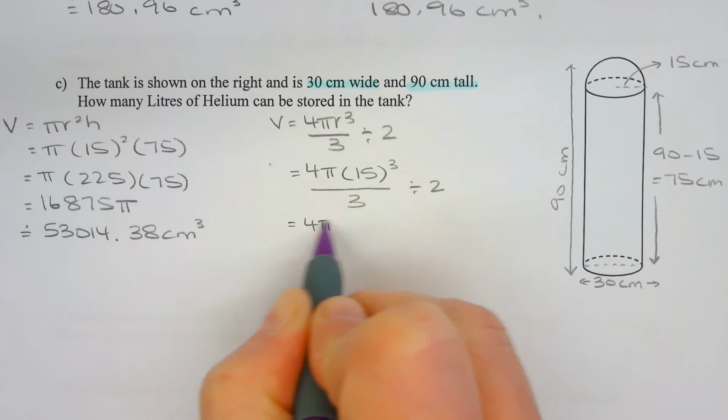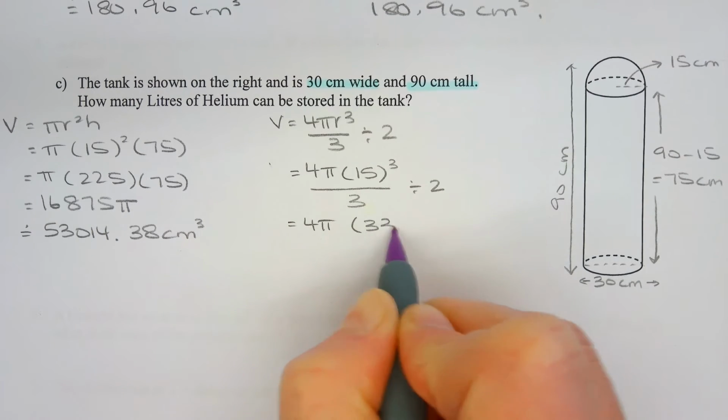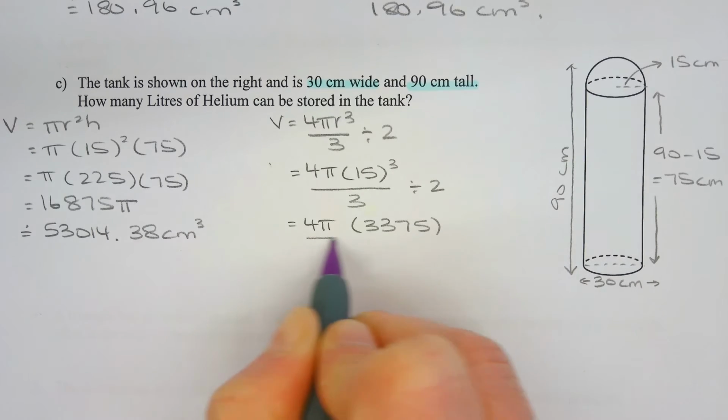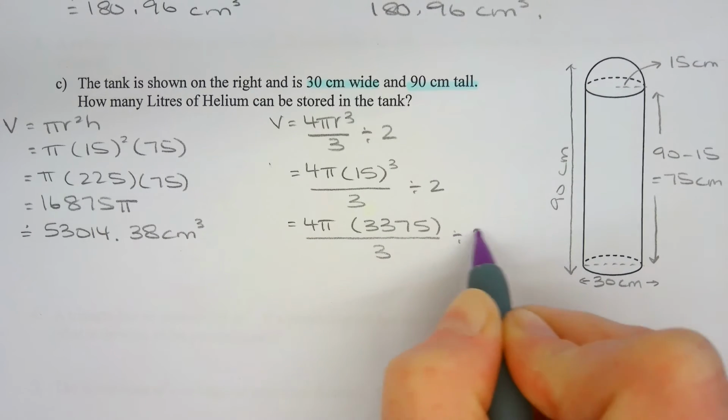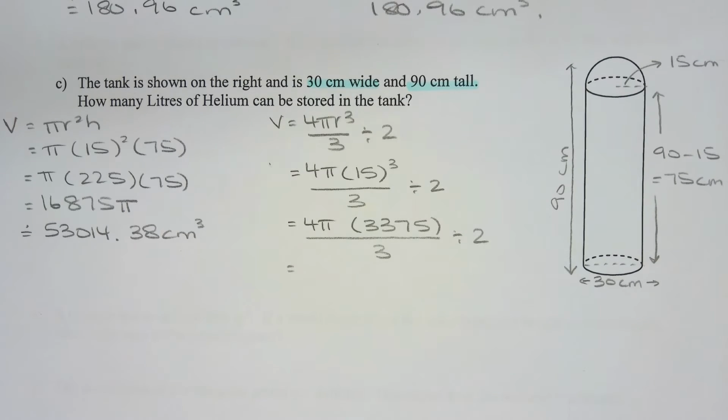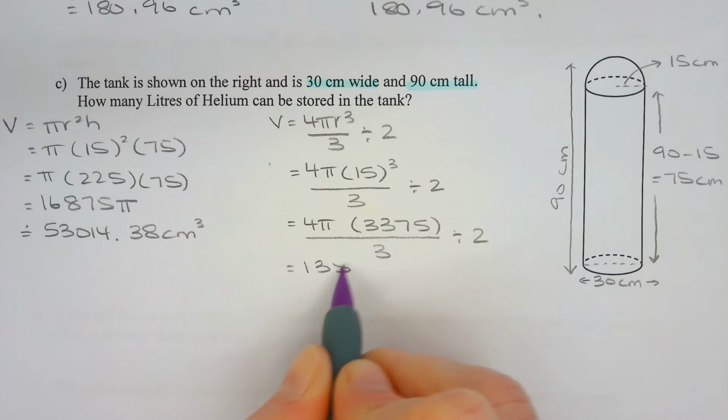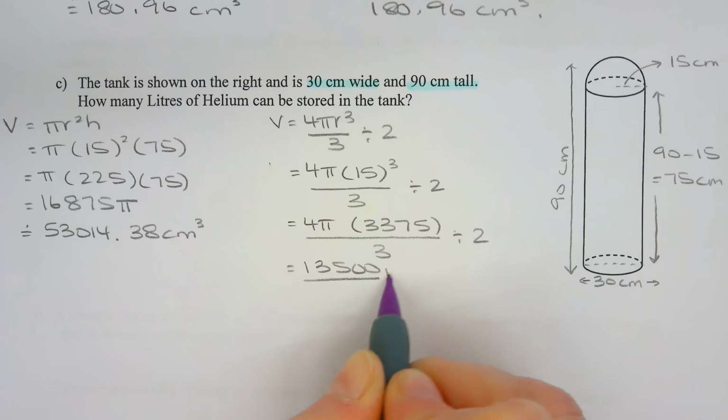So 15 cubed is 3,375. So I'm going to do 4 times 3,375, and I get 13,500.